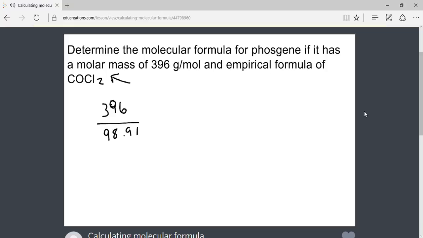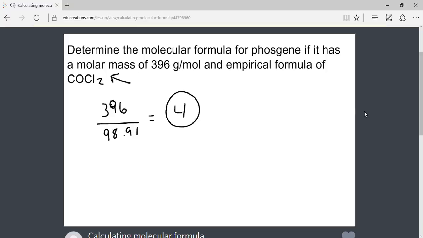By dividing these two values, we reveal the whole number that relates the formulas. This same whole number relates the masses. Since we're using the masses to generate this, this will arrive at the whole number that we need to relate the two formulas. Therefore, divide 396 by 98.91, and we reveal the whole number of 4.